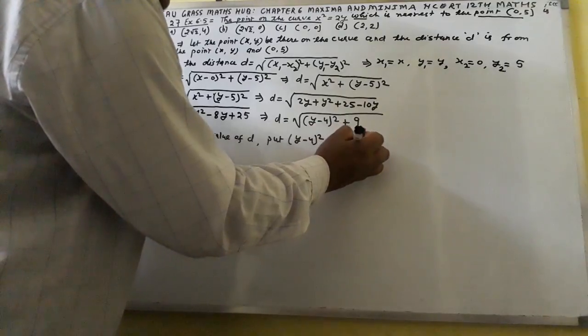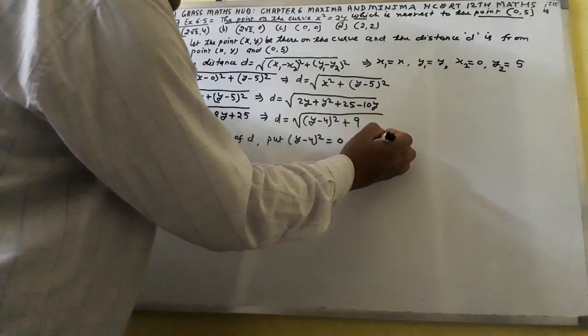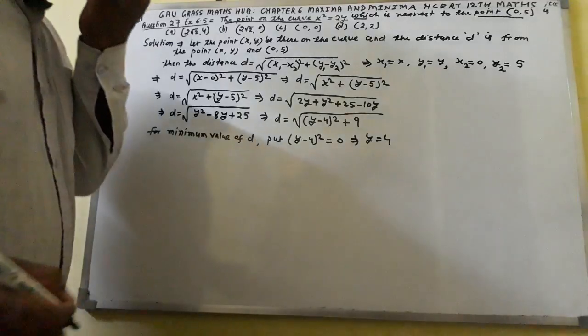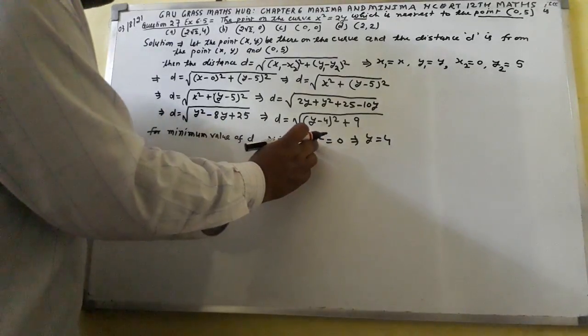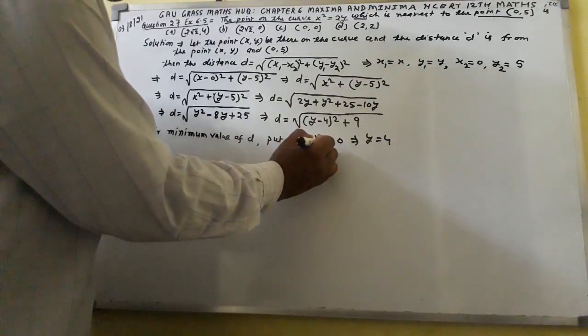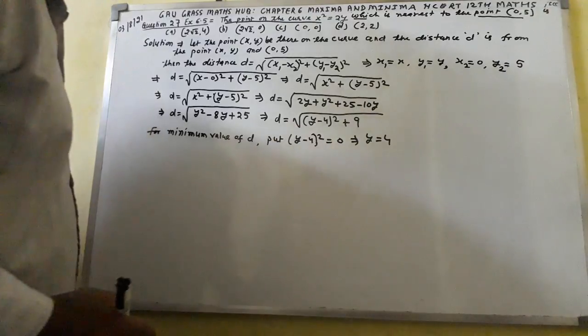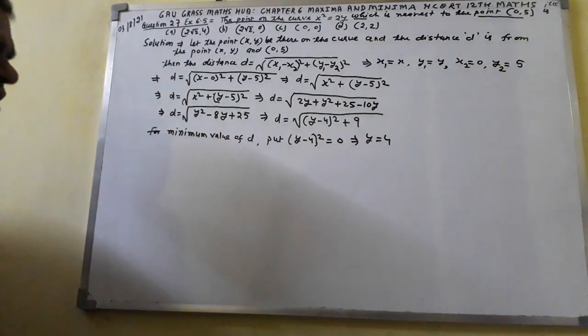You will get here y equal to 4. The value of y you have got is 4. So what to do now? Find out the value of x here.